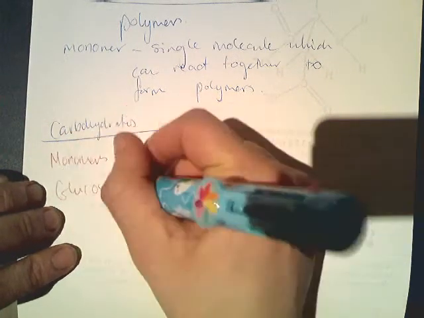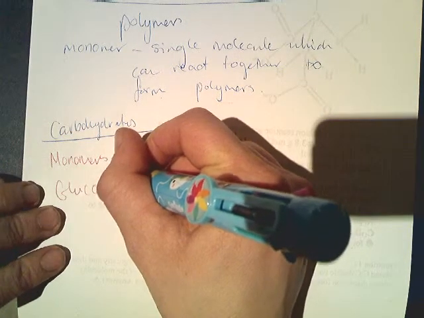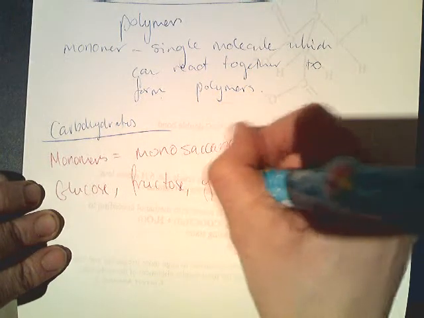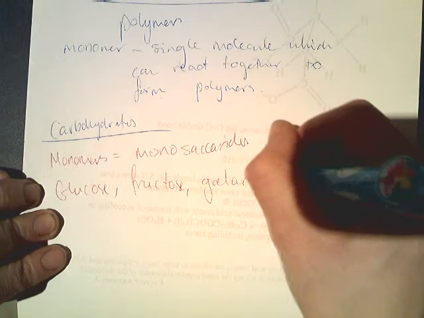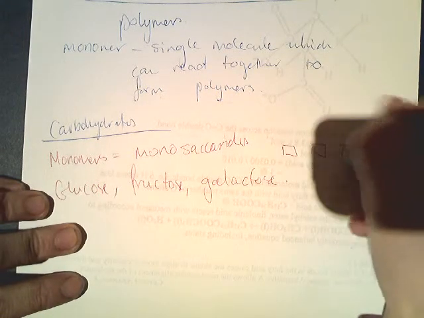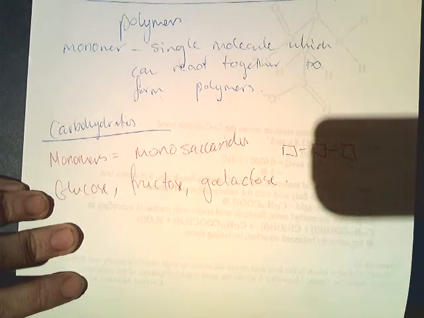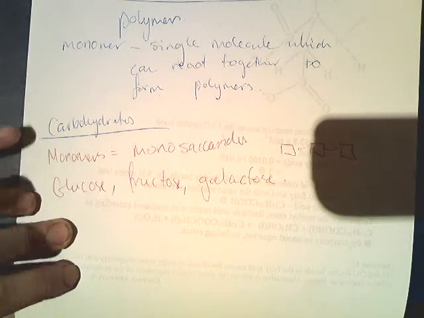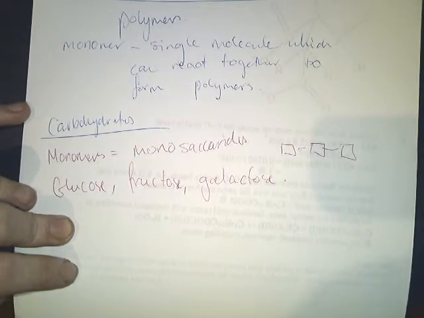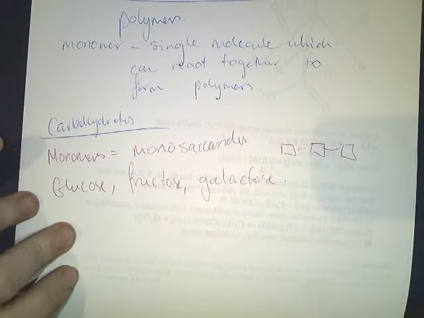We've learnt about glucose, we've learnt about fructose, and we've just mentioned galactose. These are examples of the monomers, the building blocks.